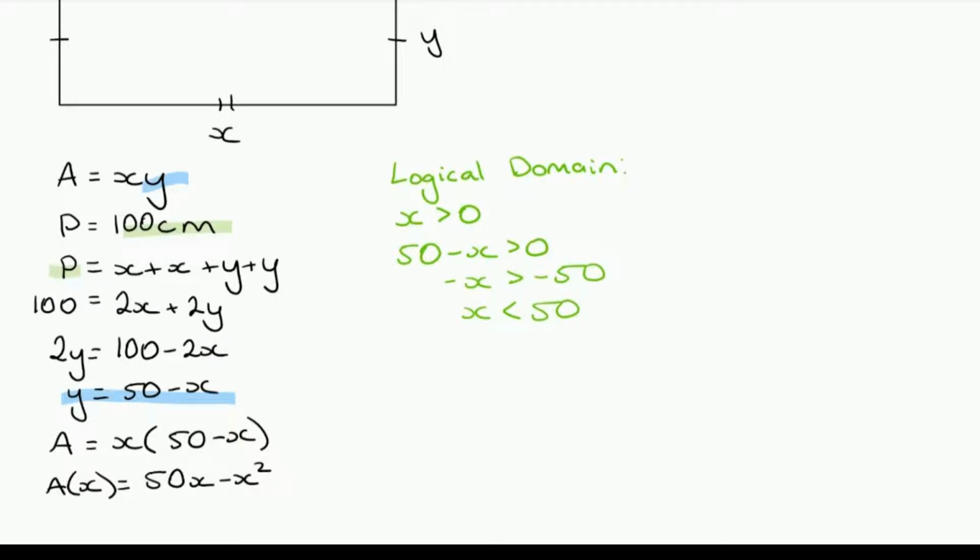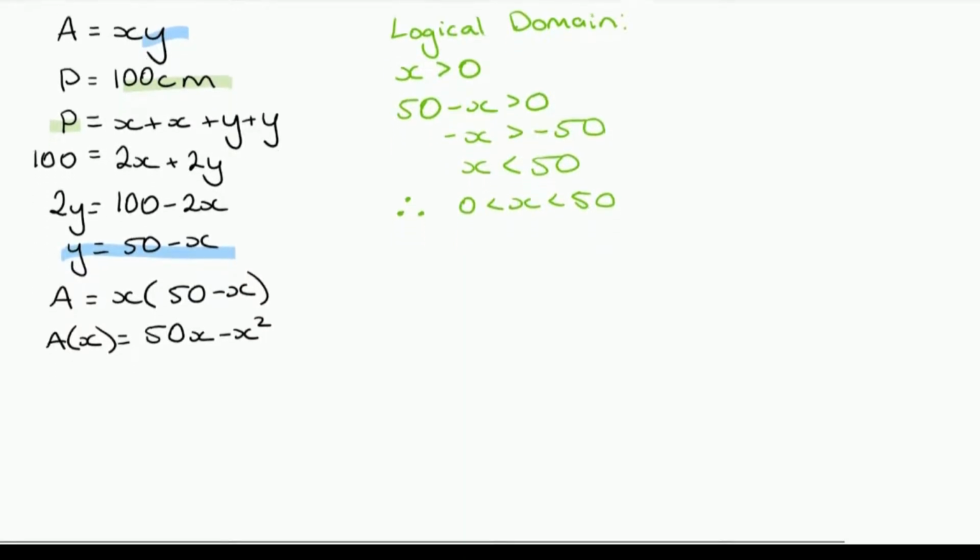This makes sense because if I had 50 in this equation, it would be 50 take 50 is 0, and it would not be a maximum area, as I'd be multiplying x by 0 and just get an area of 0. So the logical domain has to be when x is between 0 and 50.